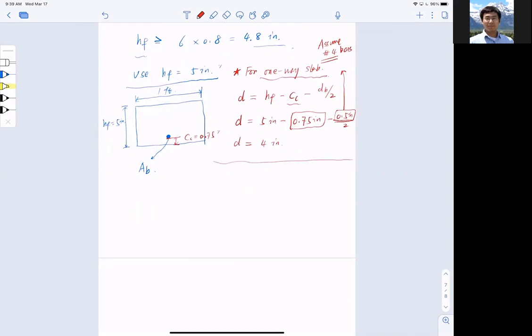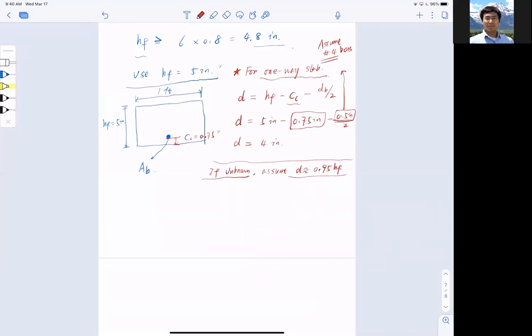All right, but now this is when everything is kind of known. I will just put a blunt word here. If unknown, which means nothing is given, you can assume d approximately equal to 0.95 hf. Sorry, let me remove this equal sign and replace that with the approximate sign, okay?